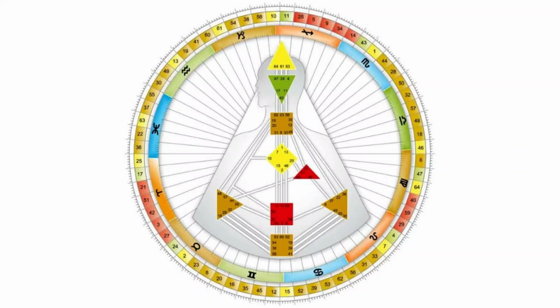Gate 28 embodies the existential question, what makes life worth living? As part of the individual knowing circuit, it brings depth and empowerment through struggle. This gate pushes consciousness toward purpose, sensing that true vitality comes from meeting life's tests with courage.